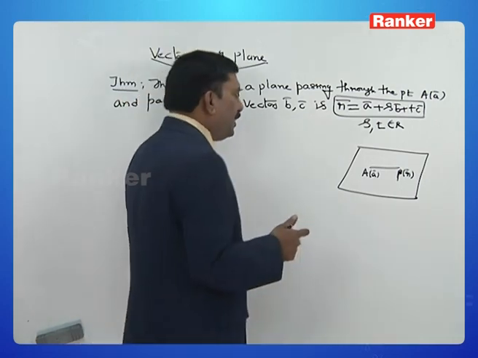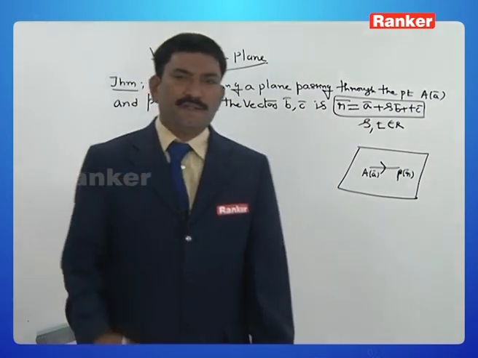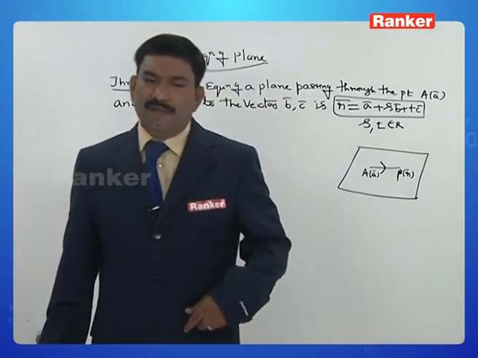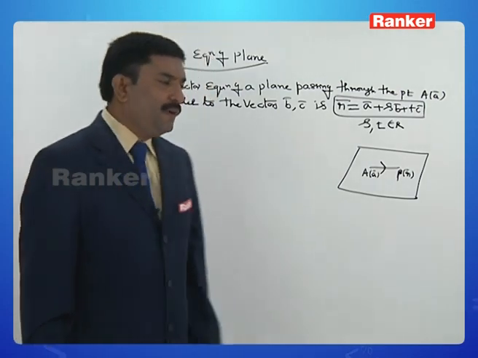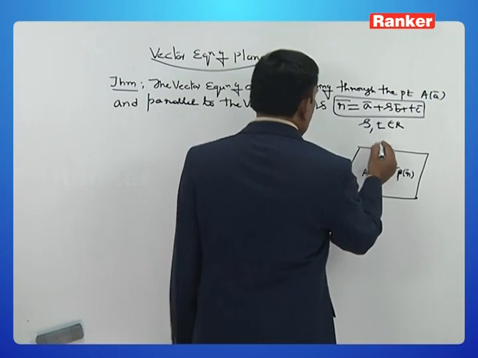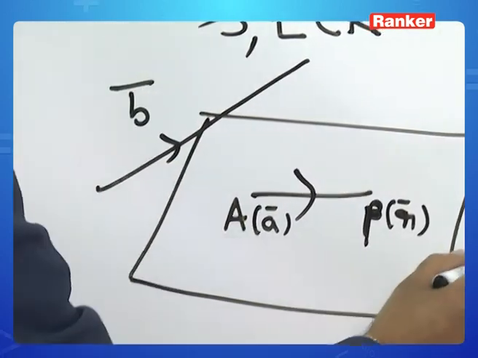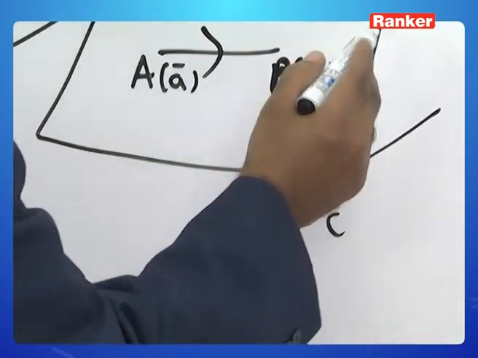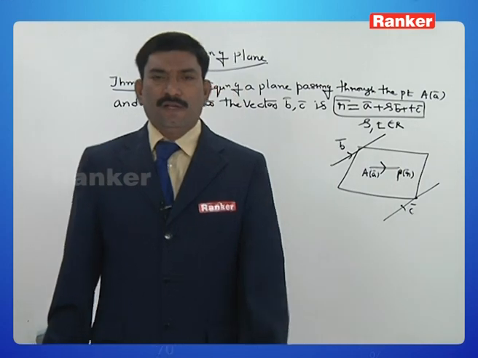So now it's AP bar. By joining the two position vectors, we can obtain one vector. This one is B bar, and this one is C bar. These two vectors are parallel to the plane. What's a plane?